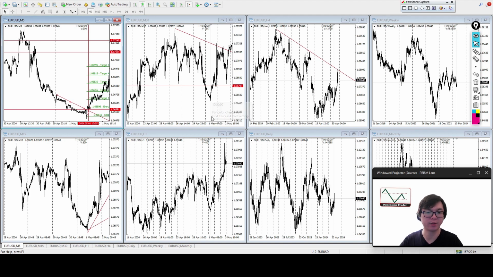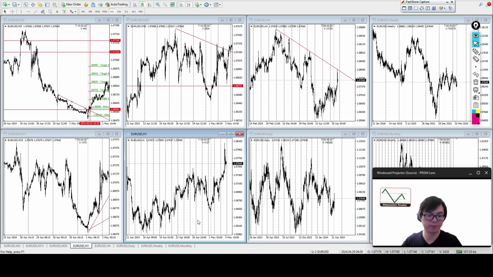Okay, this is a bottom, and if we go to hourly, we can see there's a support. There's a bottom, breaking trend line, support, dimension 5. Okay, dimension 5 is reversal, and we found this one right at London open.